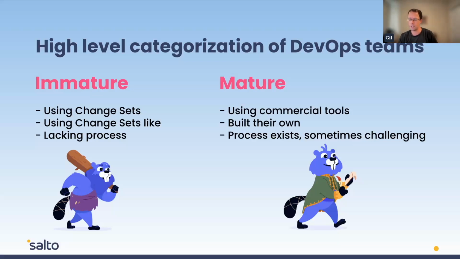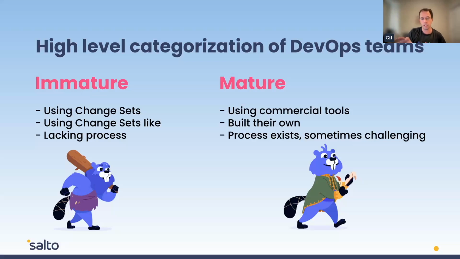Sometimes it can be challenging, and it is implemented in one of two ways: either using commercial tools like Salto or some other tools out there, or they build their own using, let's say, Jenkins with SFDX CLI, GitHub Actions, CircleCI, GitLab, Bitbucket, whatever. They build their own CI/CD pipeline that implements those processes.